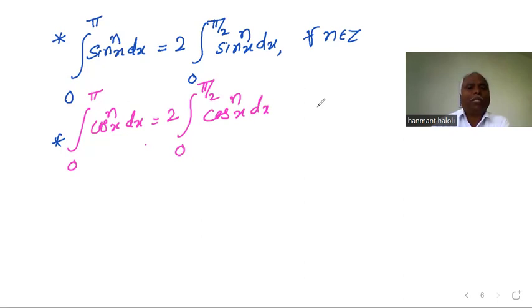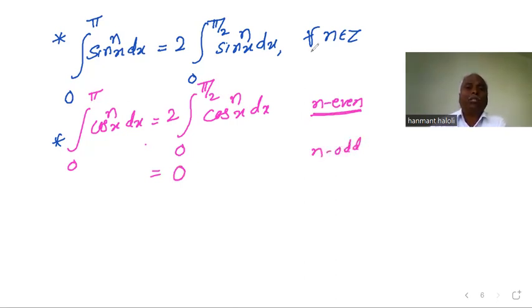This is possible only for n an even integer, even number. If n is an even number, that term only is possible for 2 times. Otherwise, it becomes 0. It's 0 for n an odd number. n is odd. This is very important.